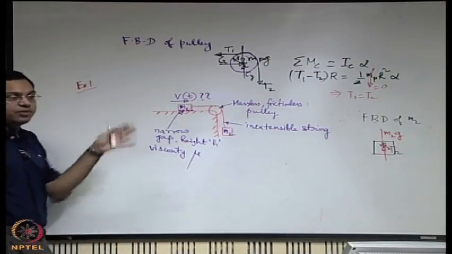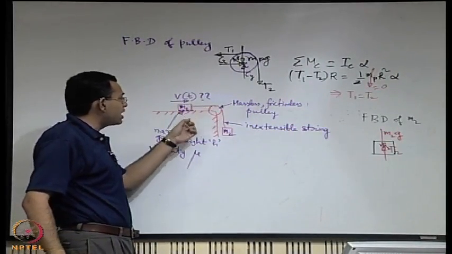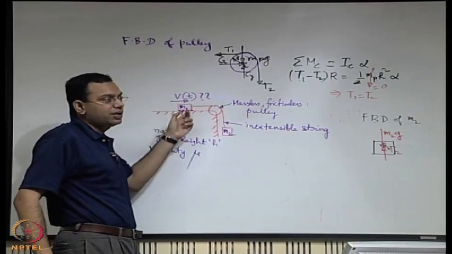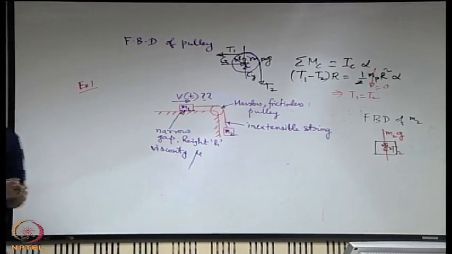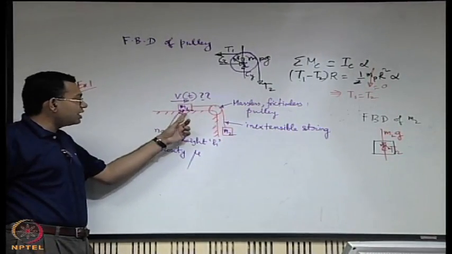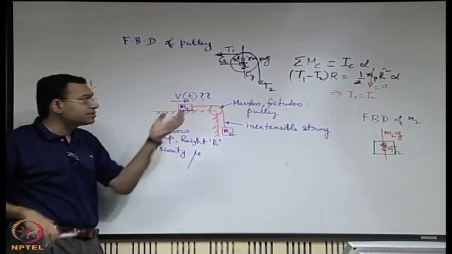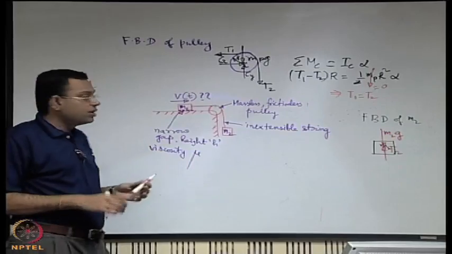So understand the physics of this problem: when it is moving downwards it is tending to go towards the right, and there is a resistance at this interface which does not want to make it go towards the right so easily. So it is somewhat like a friction, and that friction here is sort of lubricated, it is not a direct contact between two solids but there is a thin film of liquid in between.